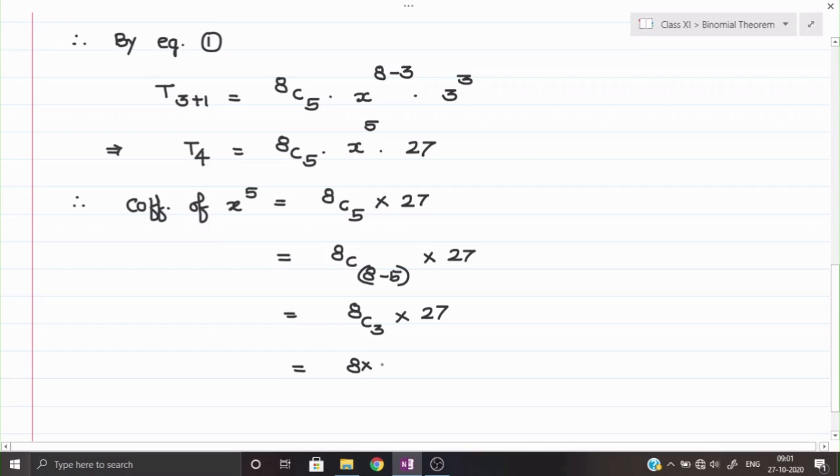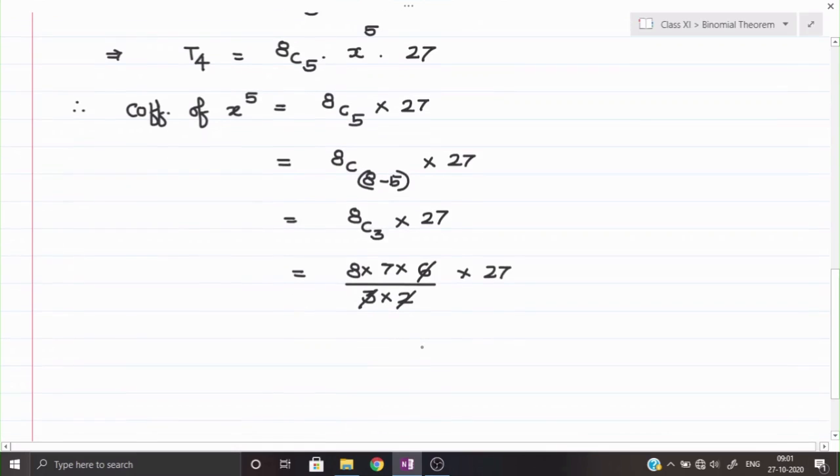I will write down the expansion till 3 places. 8 into 7 into 6, and upon it will come factorial 3. Here 3 into 2 and 6 will be cancelled. So 7 into 8, this will be 56.